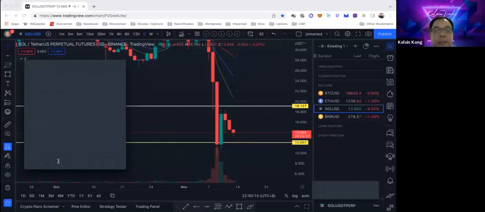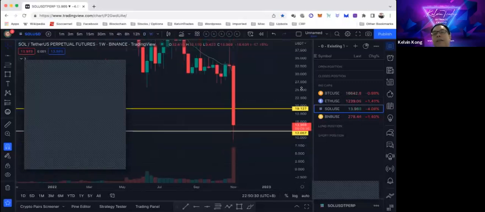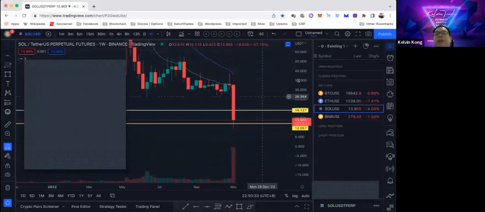If weekly is too tough for you, trade fortnightly. Even that is difficult for you, then trade monthly. So if you want to trade monthly, very simple. Don't even need to trade on a daily chart, just concentrate on a weekly chart.